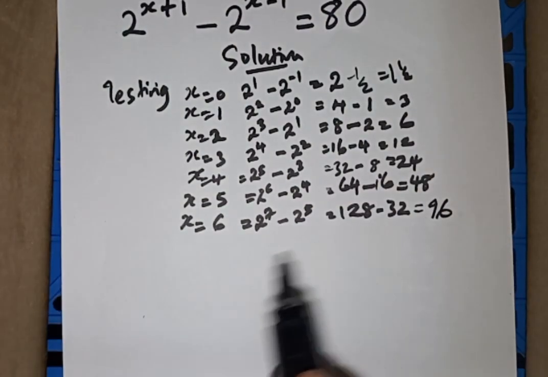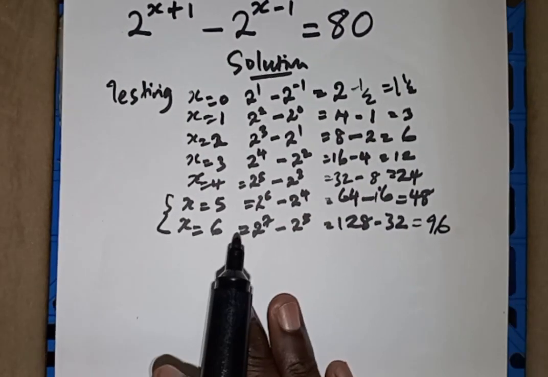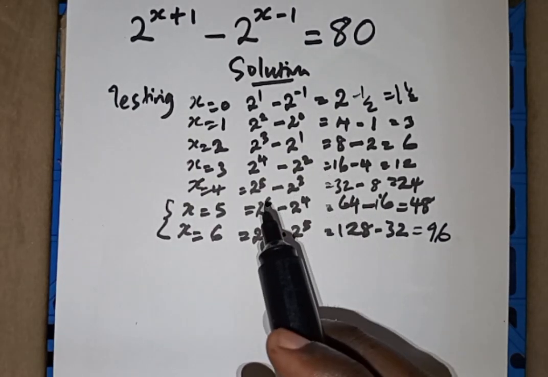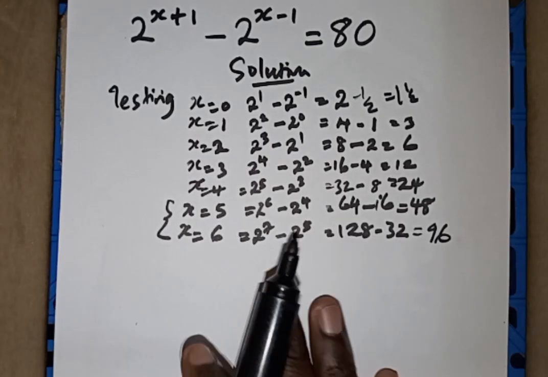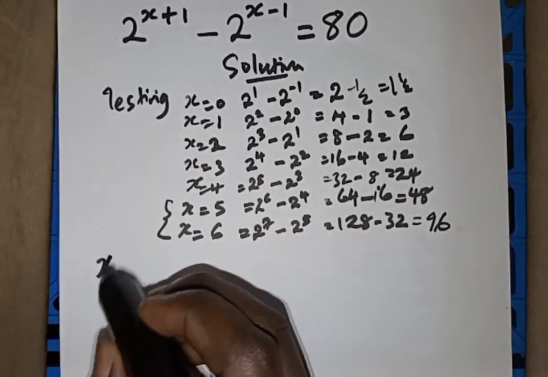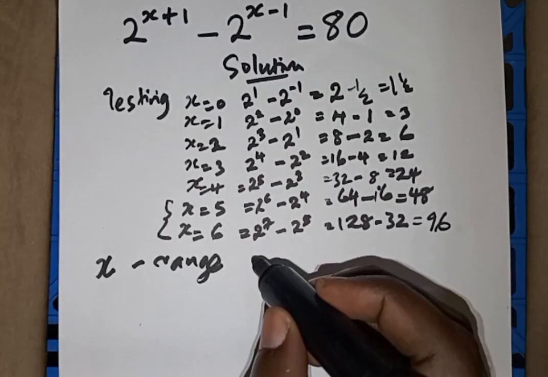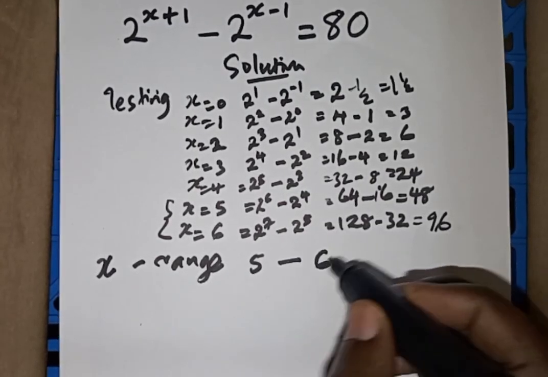You realize that from x equal to 5 to x equal to 6, the output changes from 48 to 96. So our value of x is definitely in the range between 5 and 6.